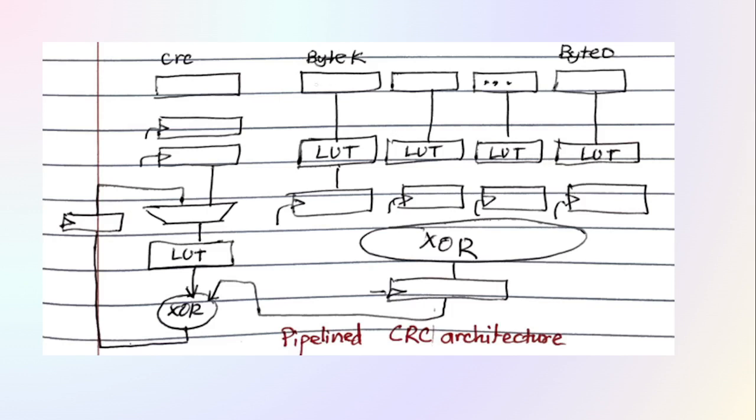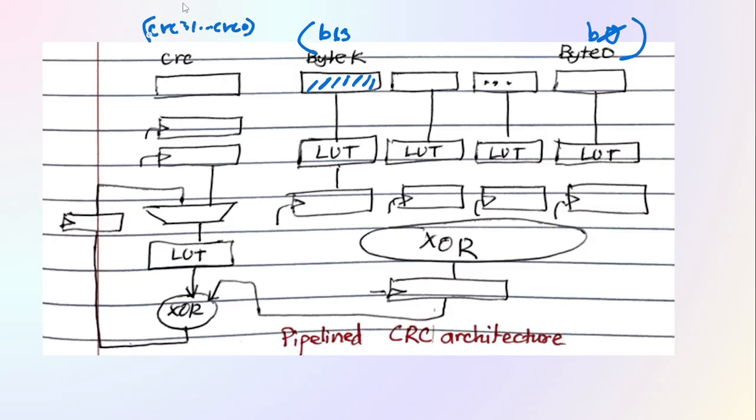So think about when your function has data bits from bit 63 down to bit 0, and you have CRC bits, CRC31 down to CRC0.